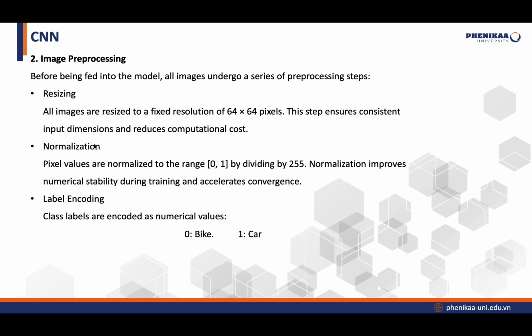Second one is normalization. Pixel values are normalized to the range 0 to 1 by dividing by 255. Normalization improves numerical stability during training and accelerates convergence.